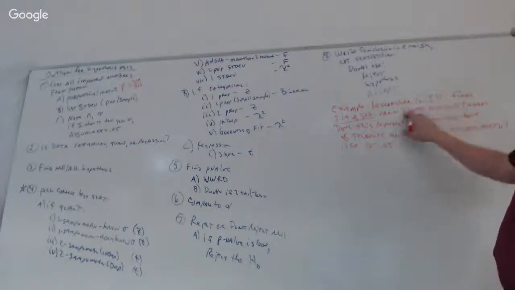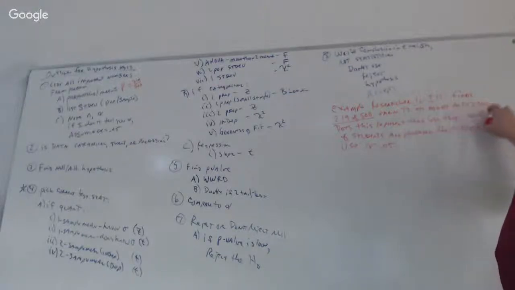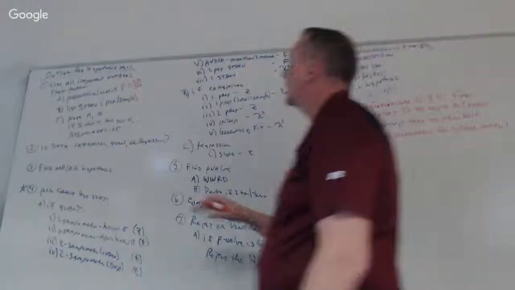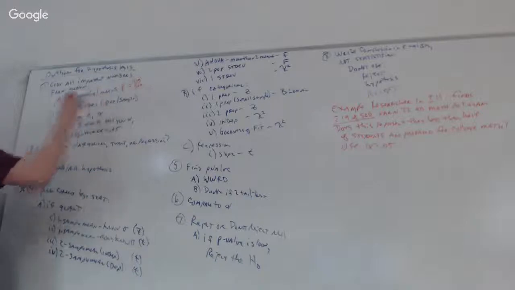Earn a 22, is 22 useful for this problem? No, it's just kind of a descriptor. We're saying 22 means you're ready for college math, okay? Does this represent that less than half of students are prepared? Okay, so let's back up here. So we've got a proportion 219 out of 500. Is there a standard deviation listed?